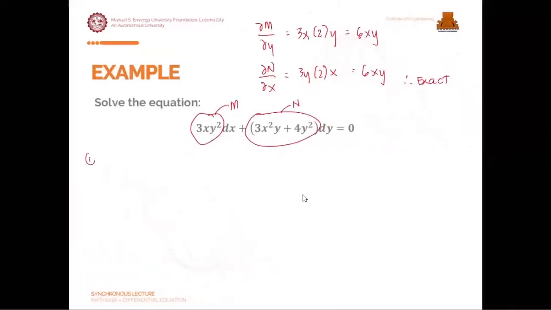So, first step daw is integral of df is equals to integral of m dx plus phi y. So, substitute natin yung m. So, df is equals to, yung m natin is taken dito, 3xy squared dx plus phi y. Okay?